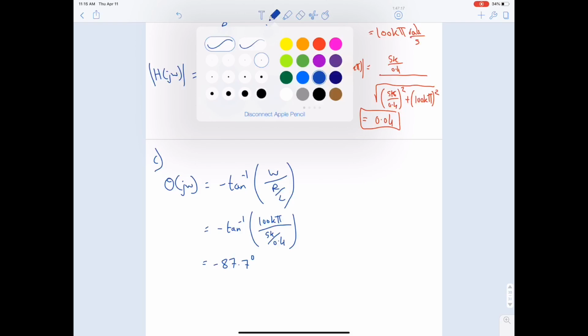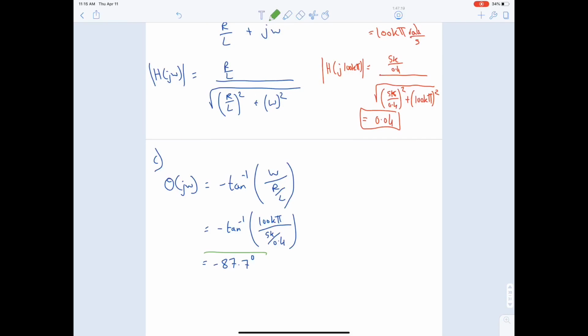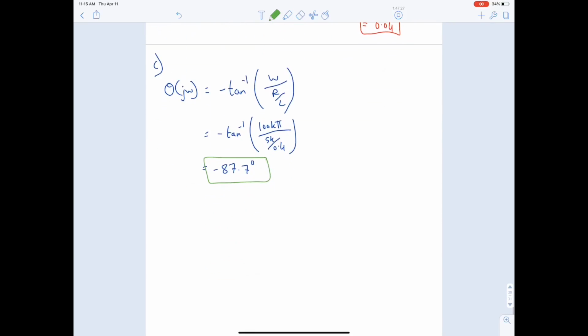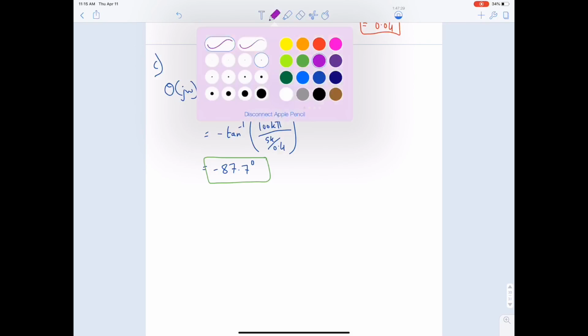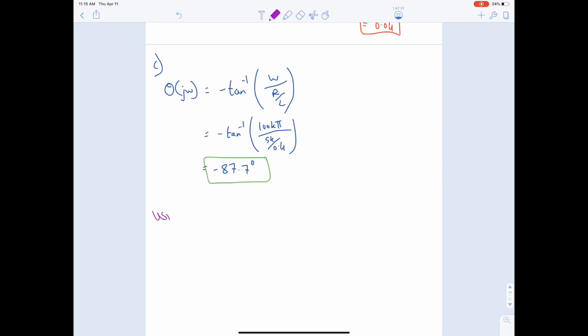That's one way of solving the magnitude and the phase angle at a specific frequency. There's another, easier way actually, using the calculator. Let me show you how to do it using the calculator.